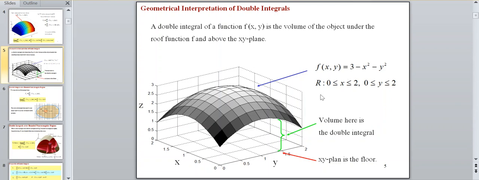So remember, when we have a positive function on the region R, the double integral of f on region R means the volume of the solid, as you can see here in the picture.